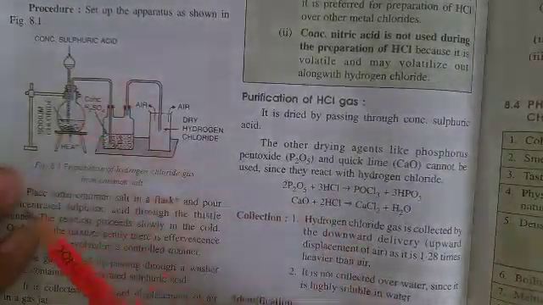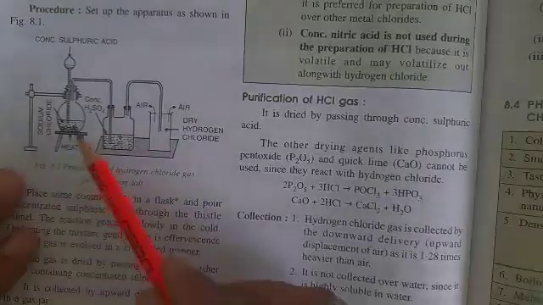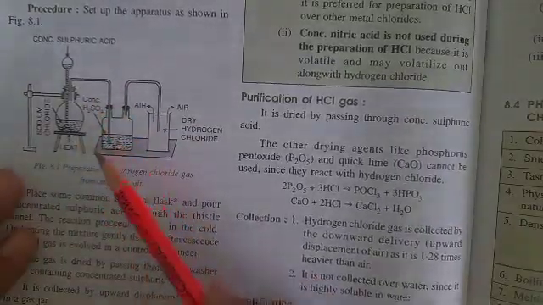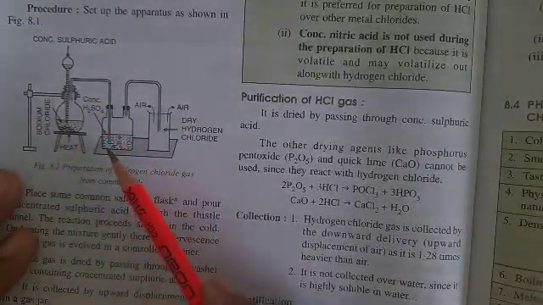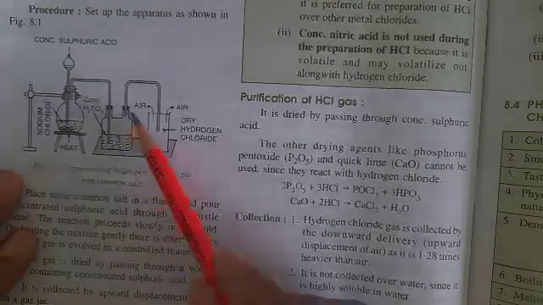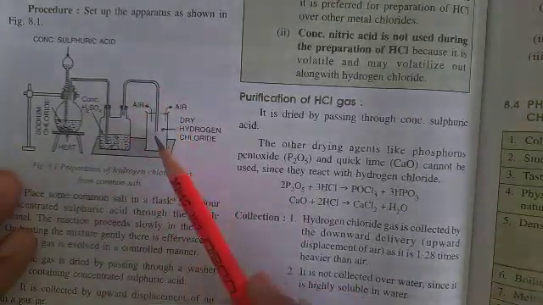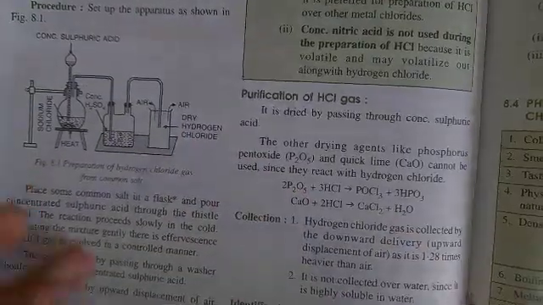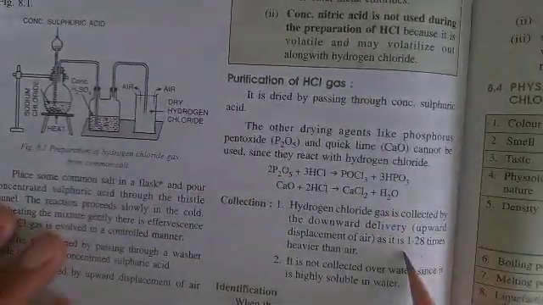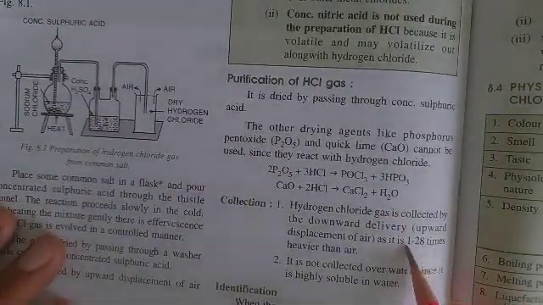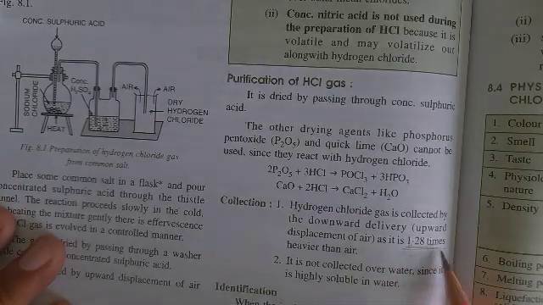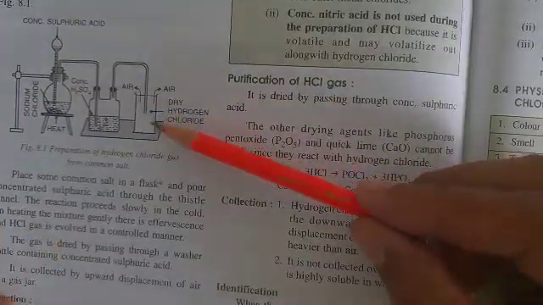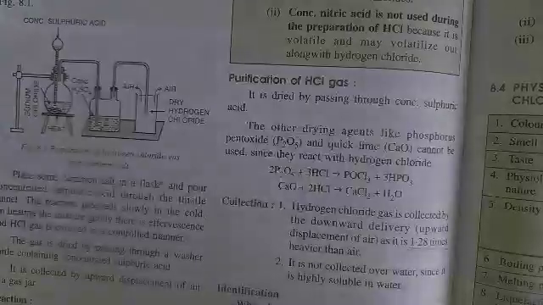Through the thistle funnel we get the concentrated sulfuric acid, and the gas is passed through sulfuric acid to dry it. Finally it is collected by the upward displacement of air. The reason is that it is 1.28 times heavier than air. It is heavier than air, therefore it is collected by the upward displacement of air.